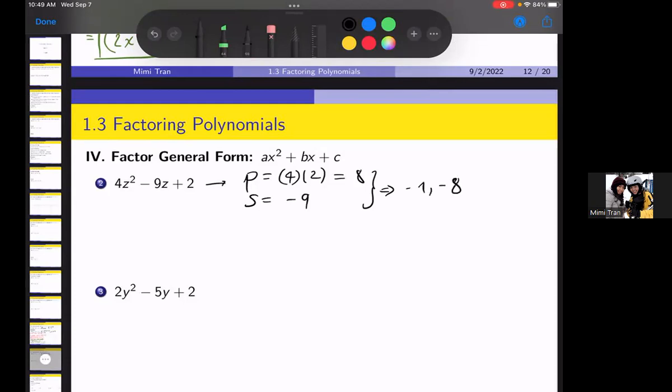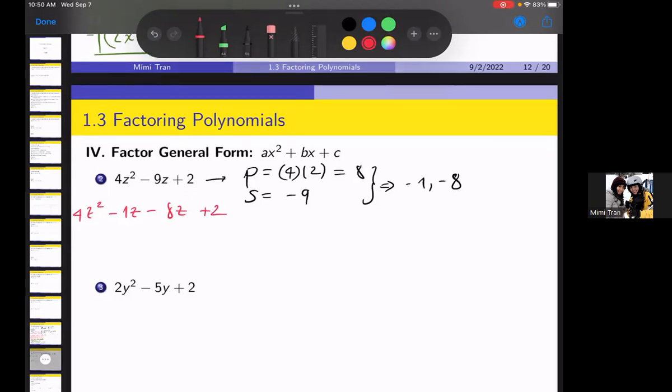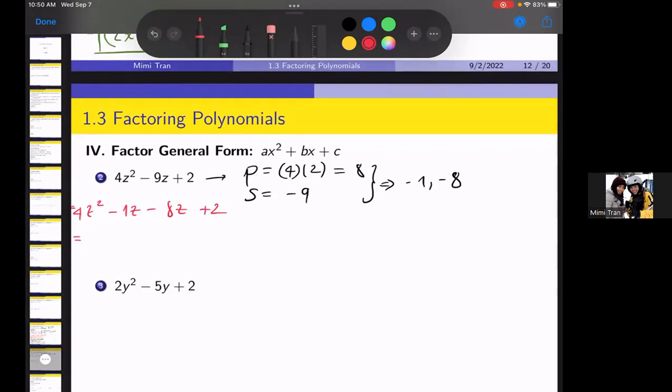-1, -8. Great, thank you. So you split that -9z into -1z and then -8z. Again, if you want to do -8z first, that's fine. Doesn't matter. I should have a little equal sign here. So group factoring, I'm gonna factor out a z, just a z for the first group.